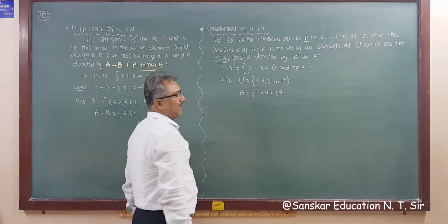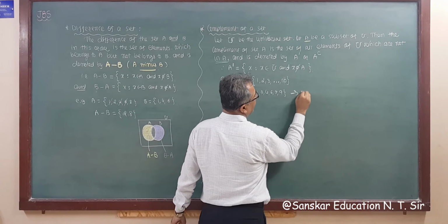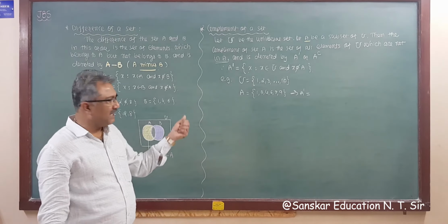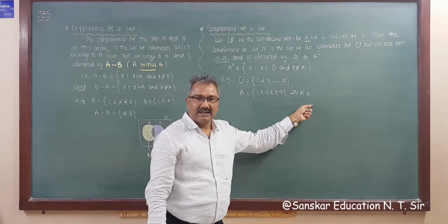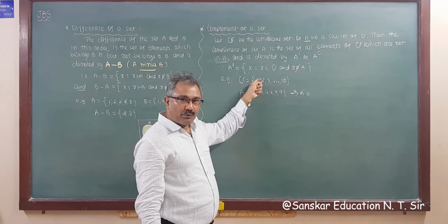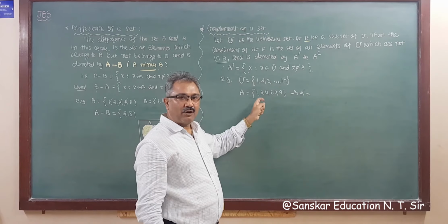This is A. Now its complement, that is A dash, is all the elements of U which are not in A.